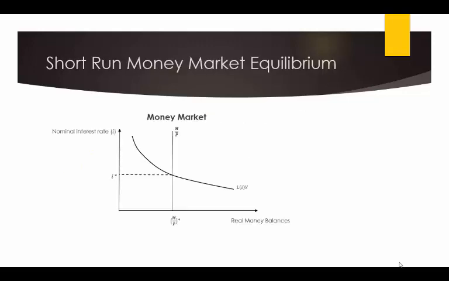The short-run money market equilibrium is depicted in graph form on this slide. As shown, the real money supply is a vertical function in the nominal interest rate, real money balances plane. This is because the level of money supply is determined by the monetary authorities and not by interest rates. The real money demand, however, is a decreasing function of the nominal interest rate for any given level of national income.